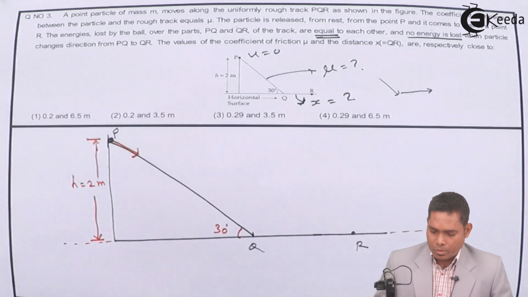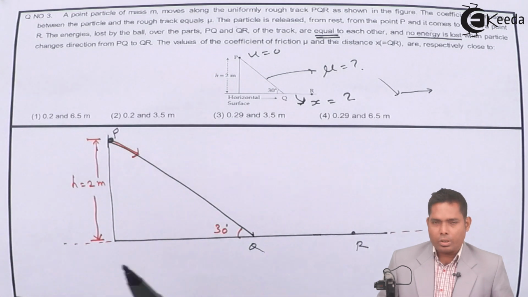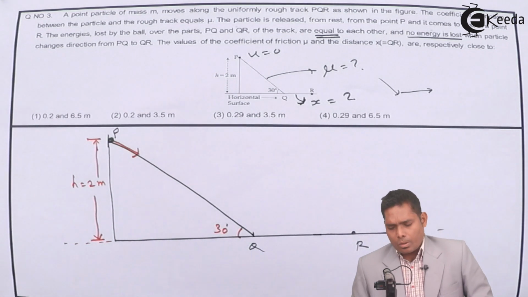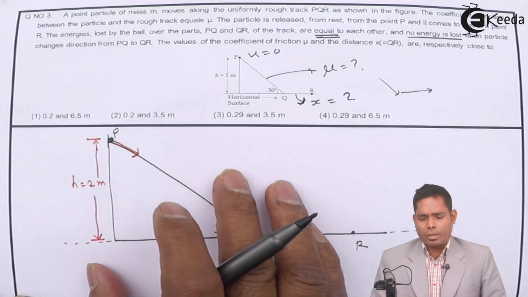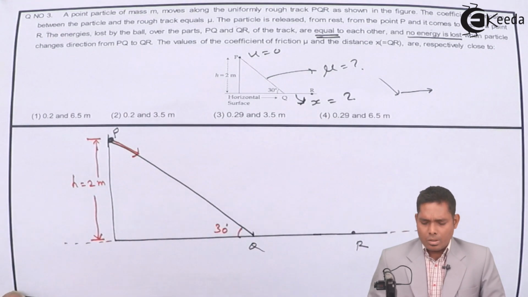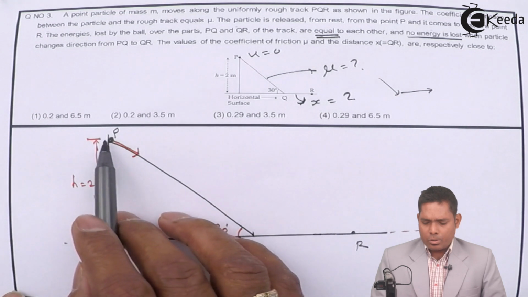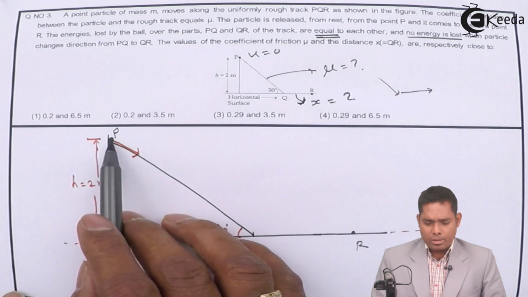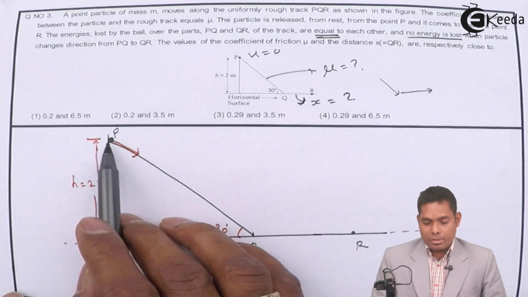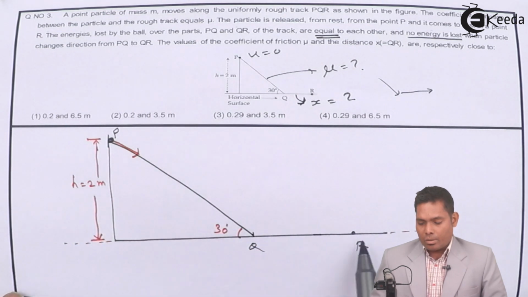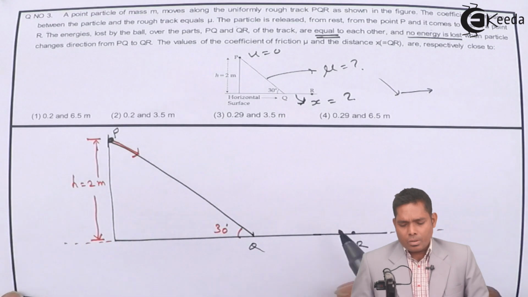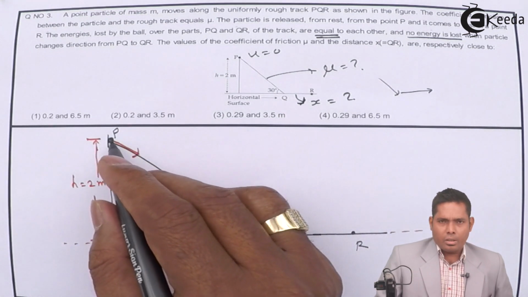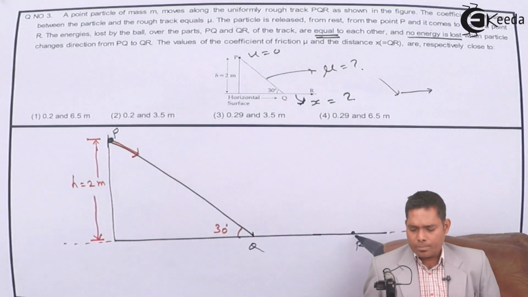Now the coefficient of friction is mu, which you have to find. It is only a case of work. This is a problem based on work, energy and power. The energy it possesses here will be the same as the energy here. That means the energy is lost and it is zero here.